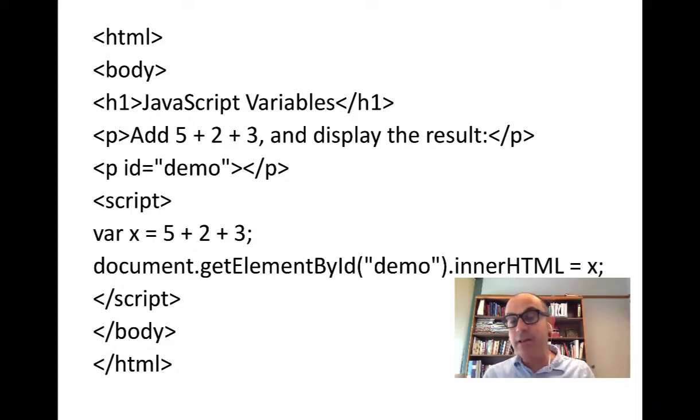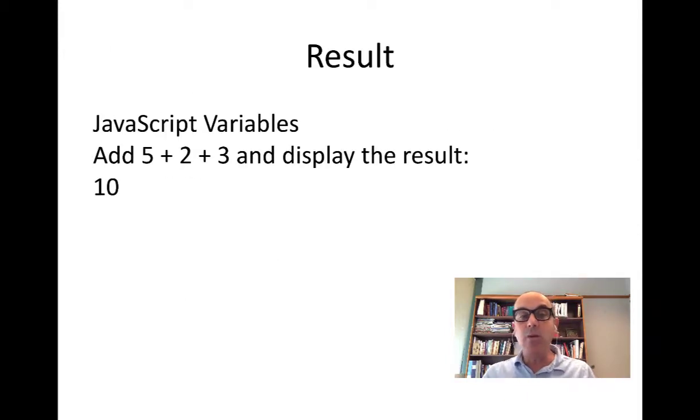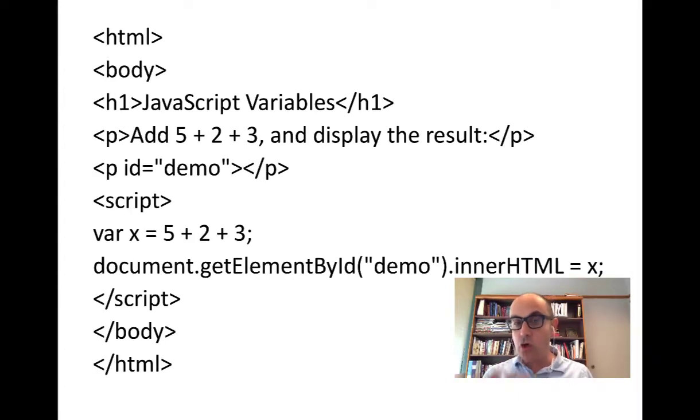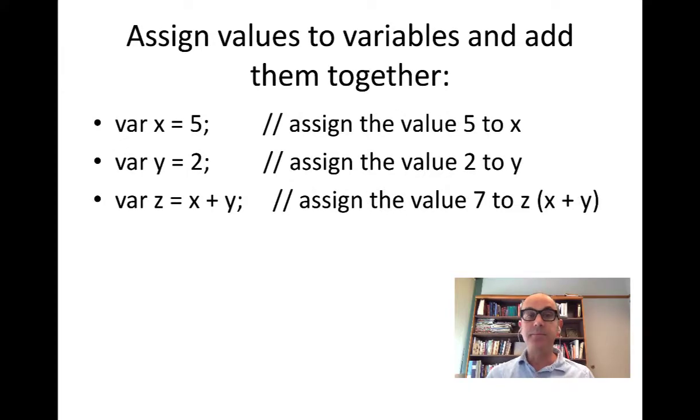So I'm asking the variable x to represent the summary of the calculation that I am doing with the variables. So x in this case will be 5 plus 2 plus 3, and it will display that it is equal to 10. And I want you to go back to understand the structure, that how I compose this statement and how I compose that in JavaScript.